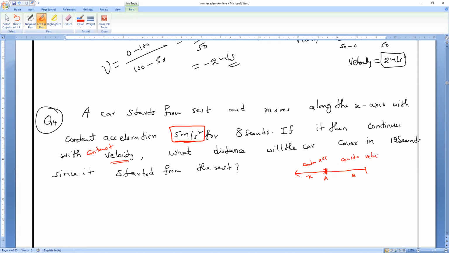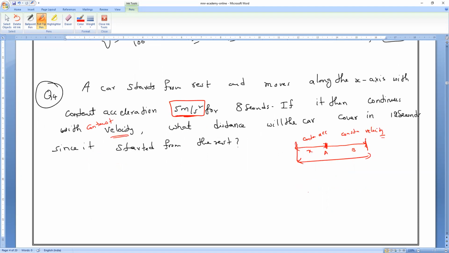So what is the total distance traveled by the body from the starting from rest? Is it okay, guys? Yes, sir.